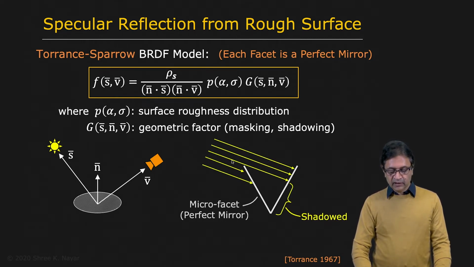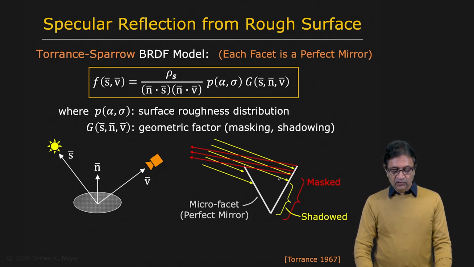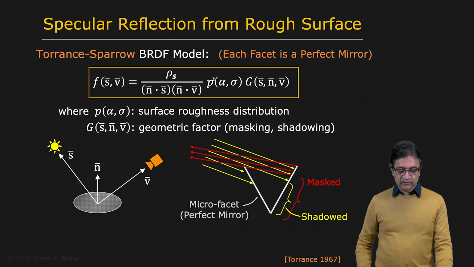So in this case, if lighting is coming from this side, one facet could cast a shadow on the other facet. And if you're observing it from some direction, one facet could actually mask the visibility of the other facet right here. So this function takes into account all of these effects, and that's why it shows up right here, and this is the BRDF that you end up getting.